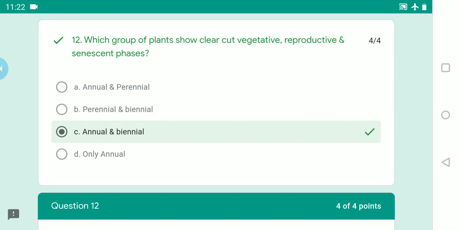Annuals complete their life cycle within a year, and biennials within two years, so we can study all three stages: juvenile or vegetative phase, reproductive phase and senescence. But in the case of perennials, it is very difficult. Sometimes it is for hundreds of years. So in annuals and biennials, all three phases can be studied.